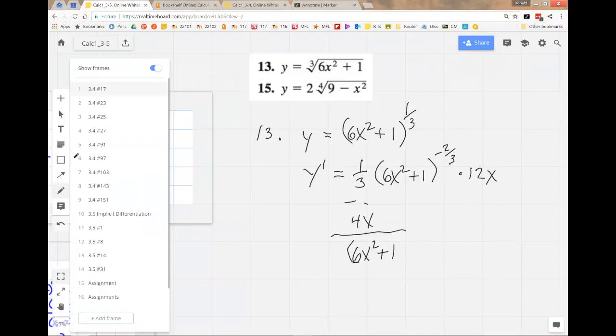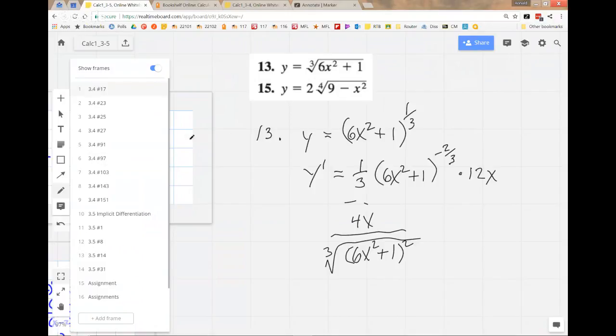Probably the best way is to think of it as squared, and then cube root. And that's probably as good as you're going to do on number 13.